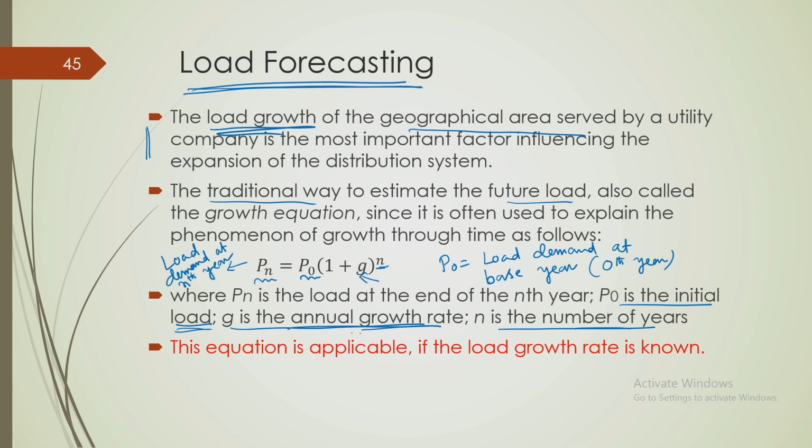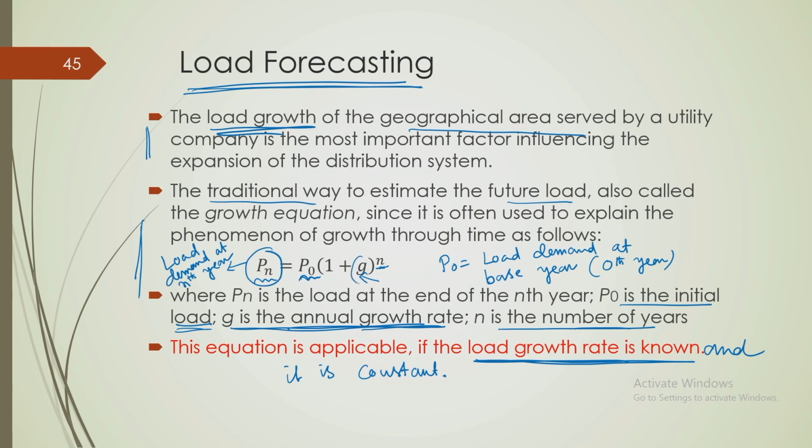So, if you know that annual growth rate, which is of course to be constant, then you can find out what would be the load demand after n number of years, provided that you know the load demand at the present year, which is obviously known to us. Now, this sort of calculation has a drawback: here we assume that the load growth rate is known and constant, which does not happen in the practical world.